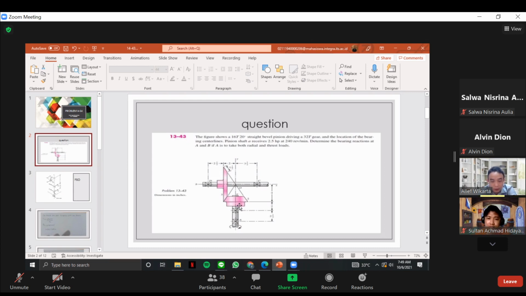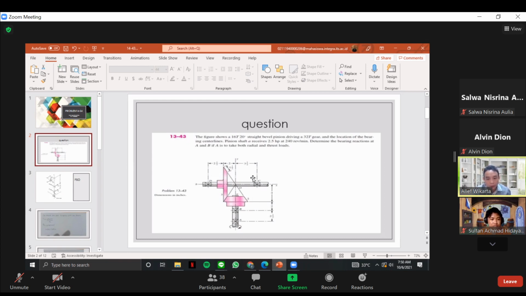Located in shaft A. And how about the other shaft? Is there any bearing in shaft B, Mas? Only one. D and C. Okay.